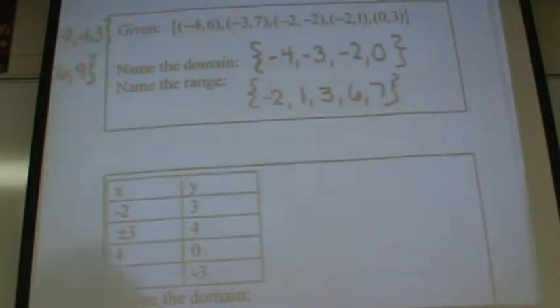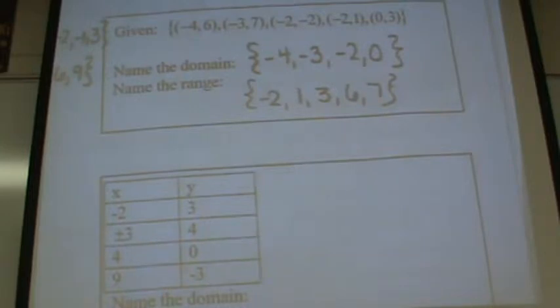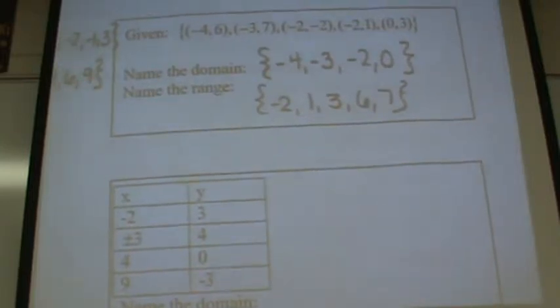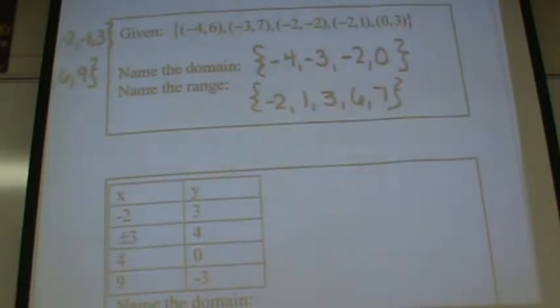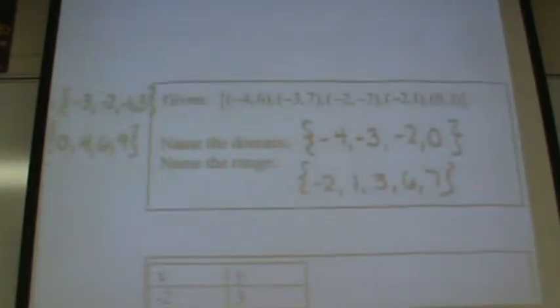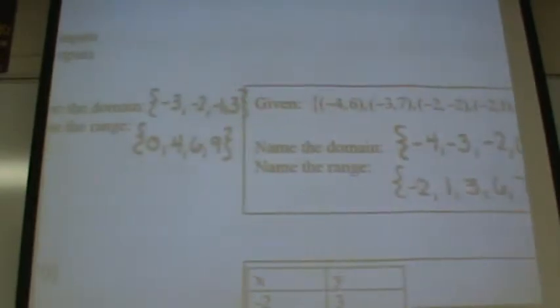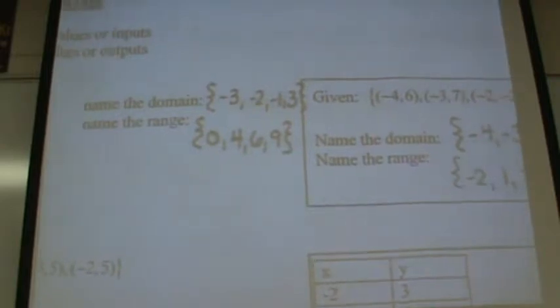Now, what is a function? A function is a special type of a relation that for every x there's only one y. Okay, let's look at these 2 examples. Are these functions? For every x is there only one y?